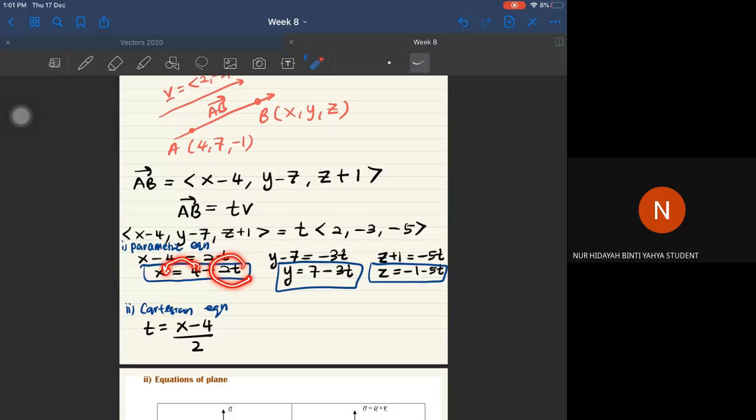Ni tambah, pindah ke kiri akan jadi tolak. So you ada 2t darab. So pindah ke sebelah kiri akan jadi bahagi. Okay. Equals to y minus 7 over negative 3, which is equals to z plus 1 over negative 5. So therefore this is your Cartesian equation.